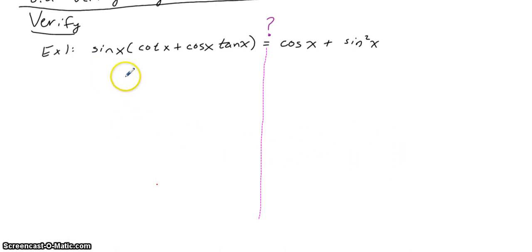Okay, so over here, first of all, since I looked over here, which you can look, the right side's only using cosine x and sine x, so I want to change the cotangent of x and tangent of x into using sines and cosines only.